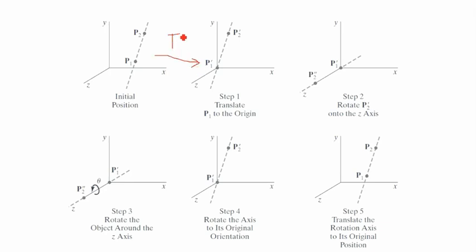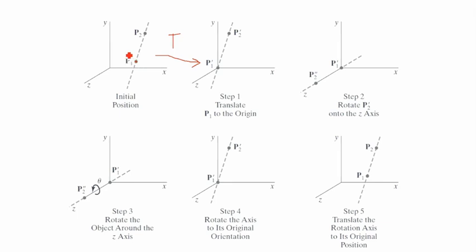Let us say P1 is defined with x1, y1 and z1, P2 is defined with x2, y2 and z2. Then we apply translation where tx, ty and tz will be minus x1, minus y1 and minus z1. So based on what the coordinate position is of the point which should come and sit on the origin, we calculate the translation matrix.